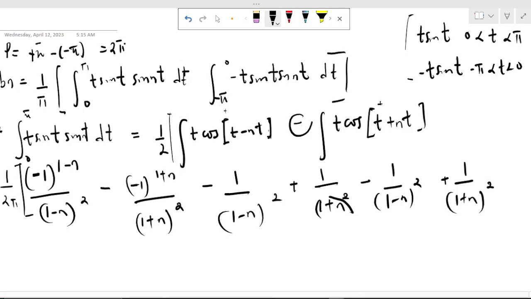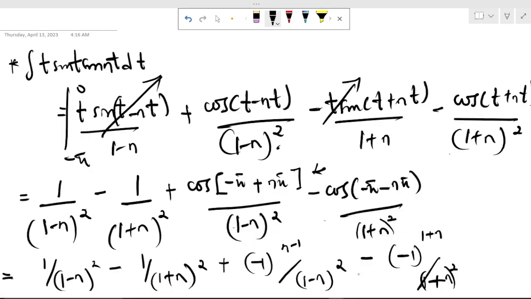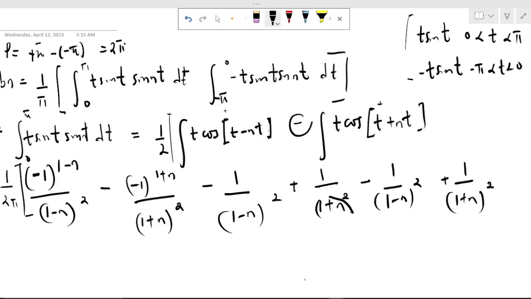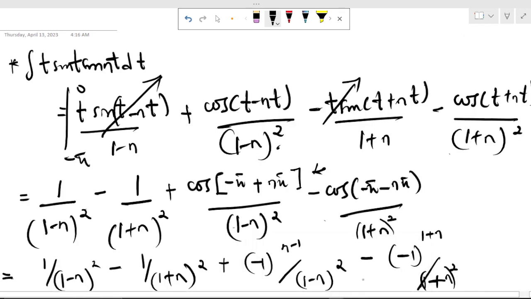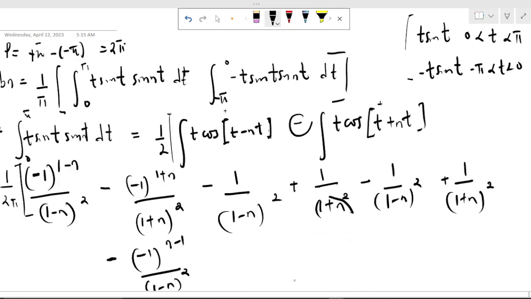The next thing we have here is minus 1 raised to the power n minus 1 over 1 minus n all raised to the power 2, so this becomes minus now. In the last term, we've got minus 1 raised to the power 1 plus n over 1 plus n squared, and the negative here becomes plus now. So we have plus minus 1 raised to the power 1 plus n. Let's see this again.